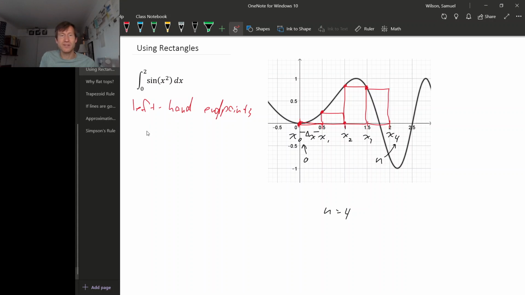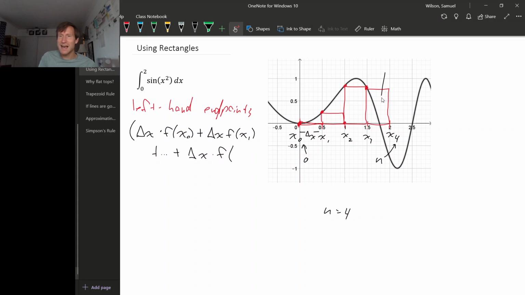So for left-hand endpoints, the total area is, for the first rectangle, the width, delta x, times the height, the function at the left-hand endpoint x sub 0, plus, for the second rectangle, the width, still delta x, times the function at the next x value, x sub 1, and so on, all the way up to the last rectangle, delta x times f of, well, we have to be careful.